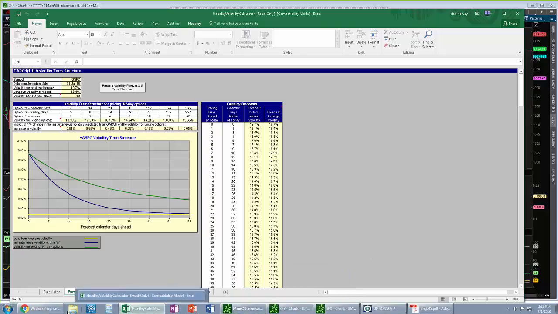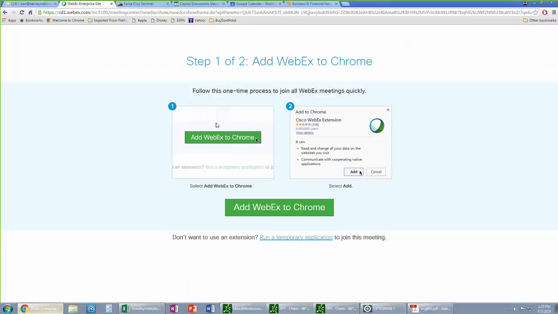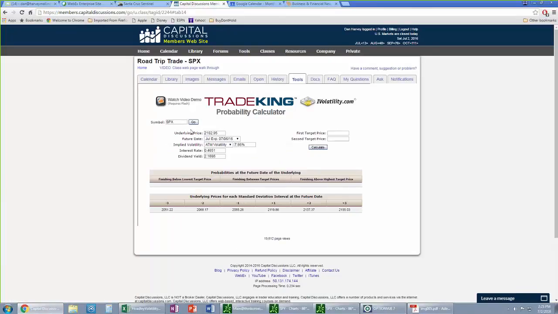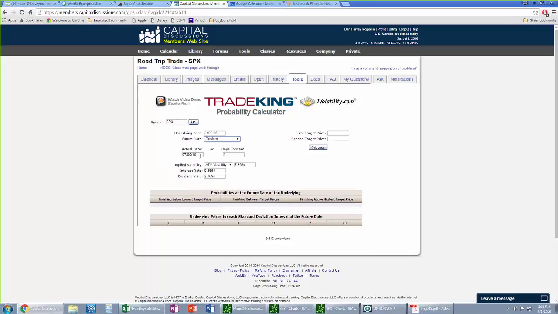So what I do then is I go to our calculator, and I'm going to put in a future date of the 1st of September, because that is probably where I'm going to get out.